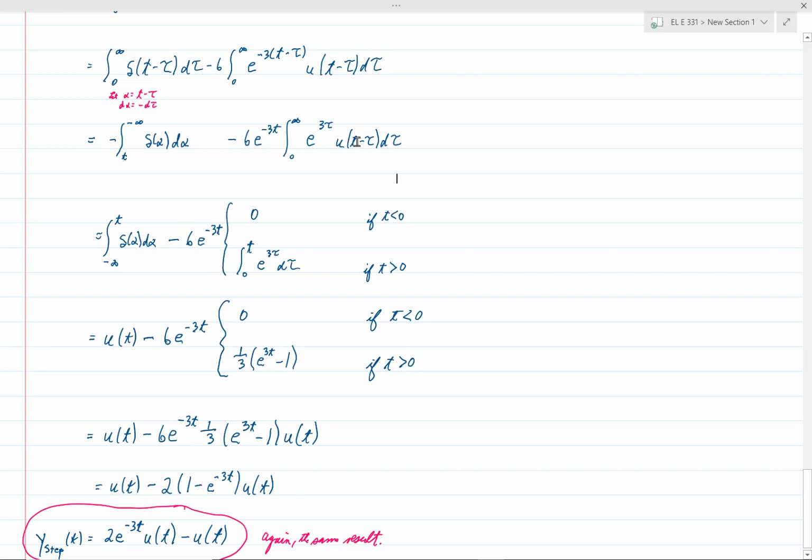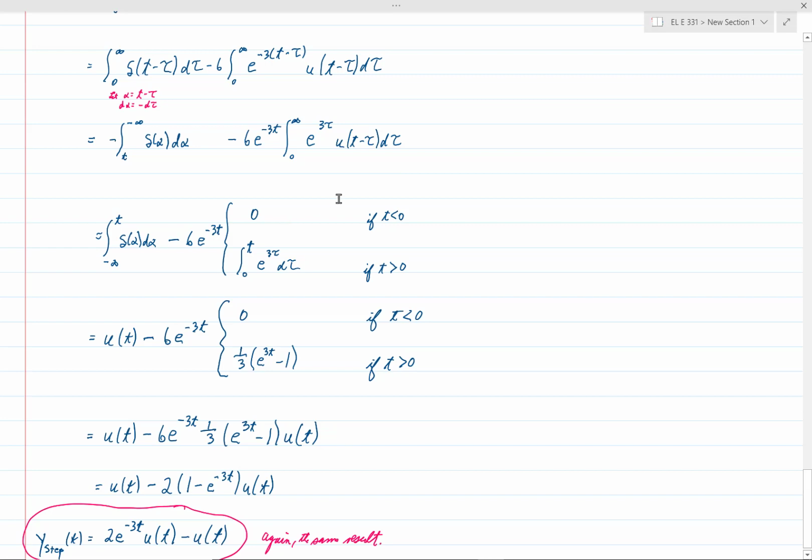So t would be negative, and tau is in the positive range, so negative tau would be negative. So we'd have t which is negative, and negative tau which is negative. So all of this would be negative. So if t is less than 0, this argument is always going to be a negative number, and u of a negative number is 0. So if t is less than 0, this is 0.